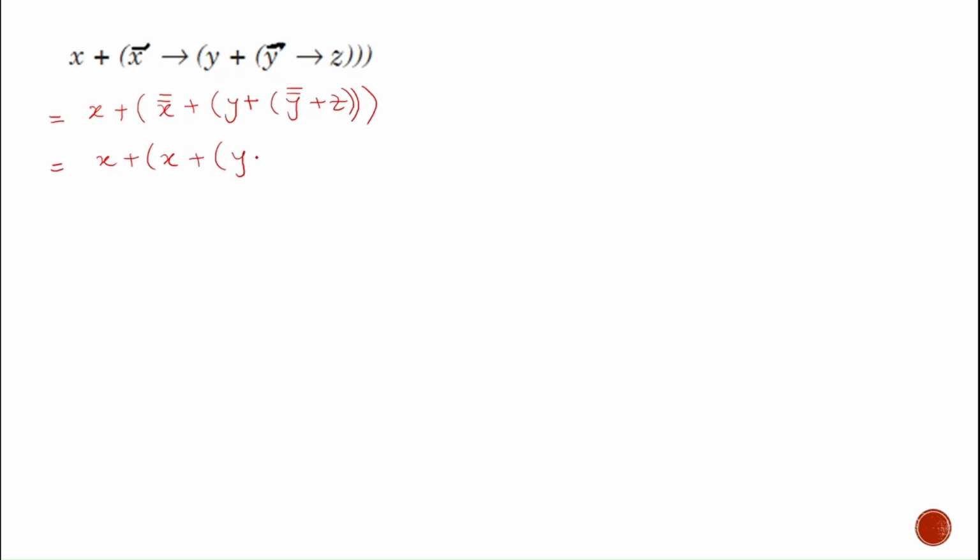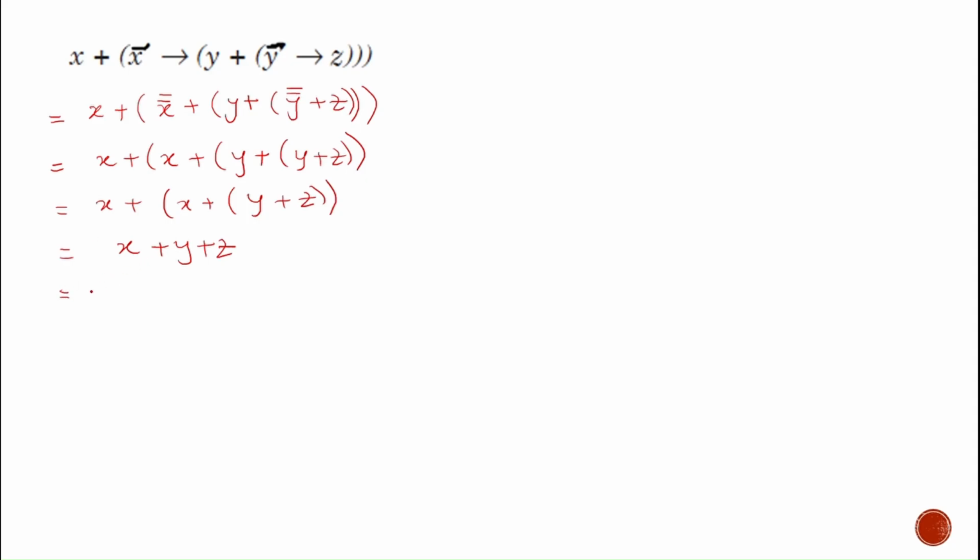Let's apply the double negation law and we get x plus y plus y plus z. Now by using the associative law and idempotent law, we get y plus z, and again by the associative law and idempotent law we get x plus y plus z.